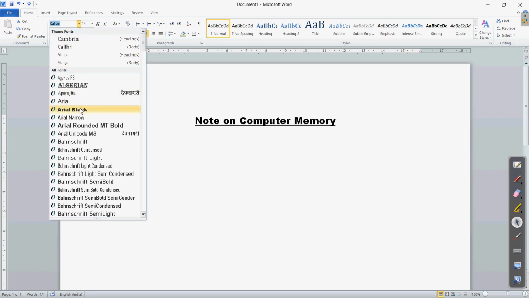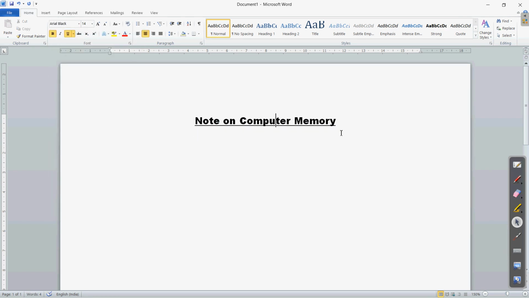In the coming chapter, we will see in further detail the different features of MS Word. So there it is very easy. Whatever you have to write, you can write point wise also. You can use the bullets from here, and this way you can write the different points. You can insert the picture.